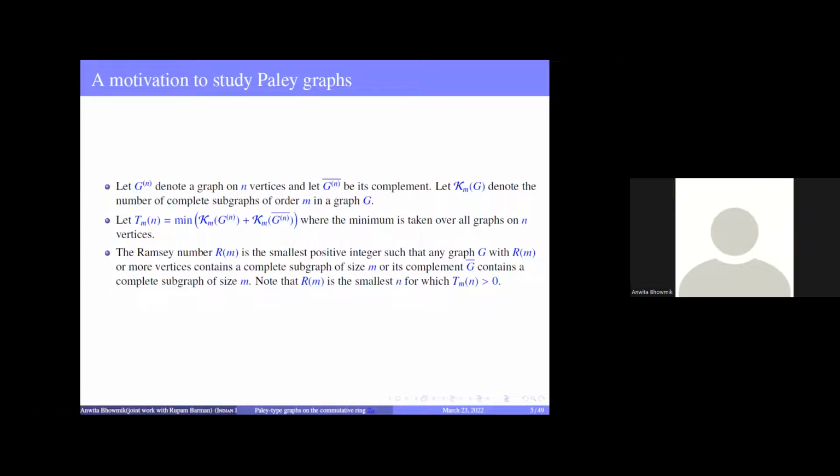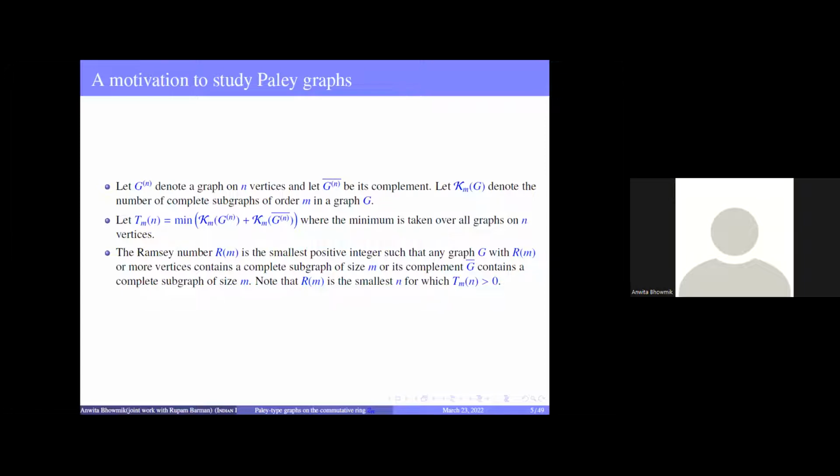So now what is the Ramsey number? The diagonal Ramsey number R of m is the smallest positive integer such that if I take any graph with R(m) or more vertices, then it should contain a complete subgraph of size m. And if it doesn't, then its complement should contain a complete subgraph of size m. So the smallest such positive integer is called the Ramsey number R(m).